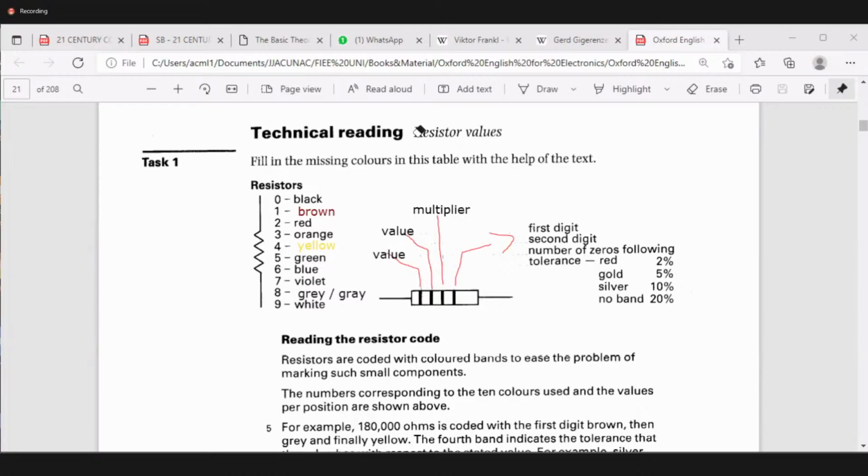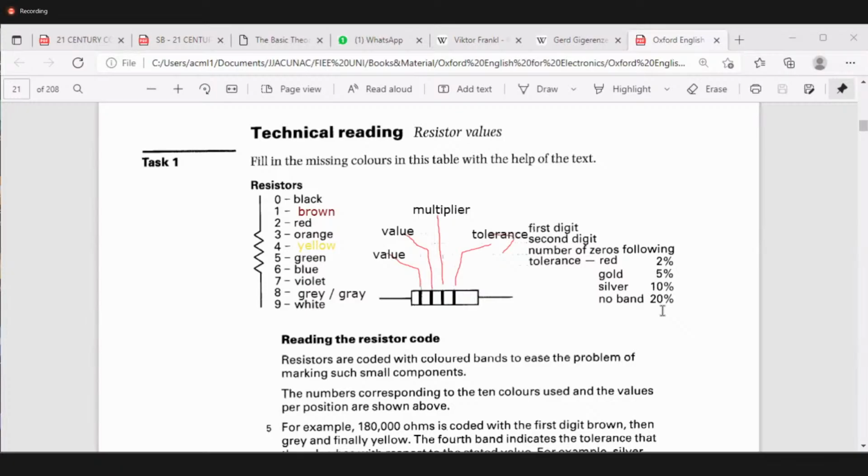Okay, but I'm going to say that the last one is the tolerance. And the tolerance is marked by another group of colors. Red 2%, gold 5%, silver 10%, and no band. If you don't have any band, it is 20% tolerance. The higher the tolerance, the less price you have to pay for this component because it's less accurate.